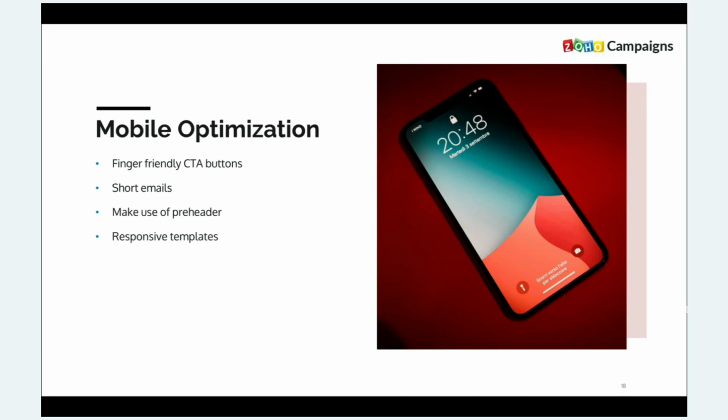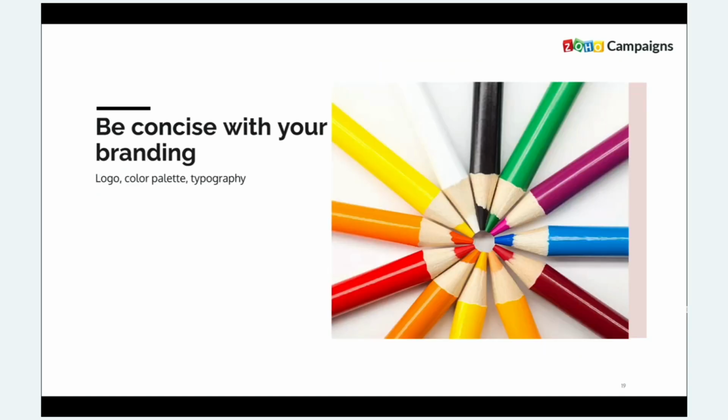And after doing all of this, make sure that you are consistent with your branding. A few questions that you can ask yourselves include whether the logo is represented accurately, whether the colors are complementary to each other, and whether you are using the same font as the one on your website.